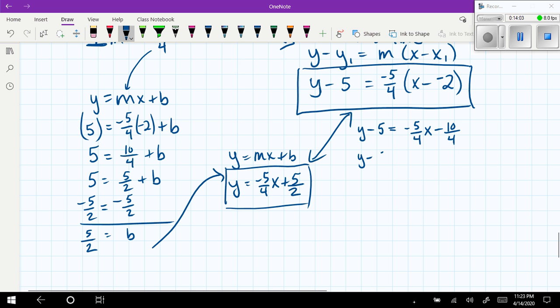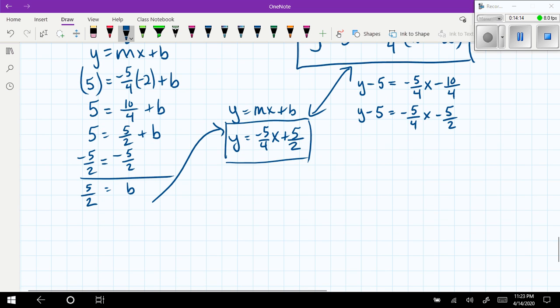So this is y minus 5 equals, I'm just going to clean things up. Always take a minute and clean things up if you get a chance. So I reduce the 10 over 4 to the 5 over 2. And now I'm going to add 5 to both sides of my equation. This gives me y equals negative 5 over 4 x. And I might have a little bit of work to do here.